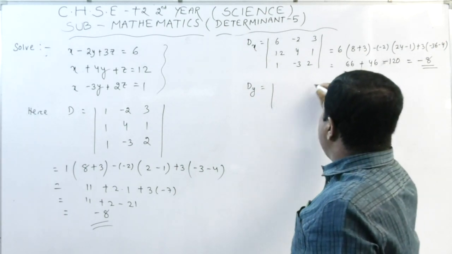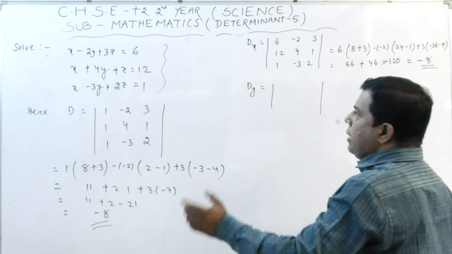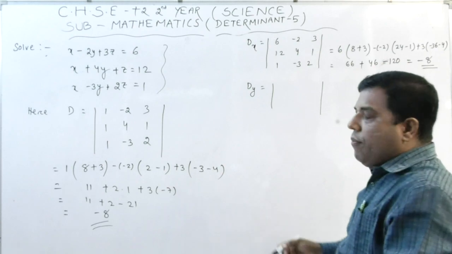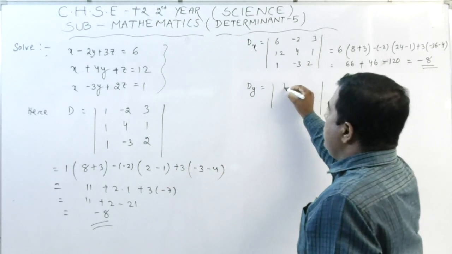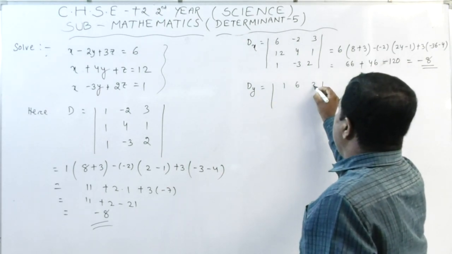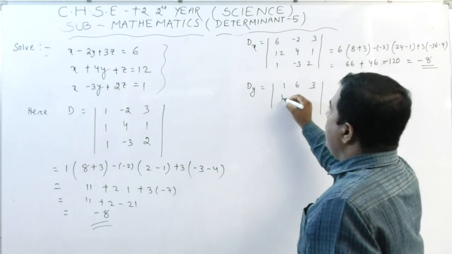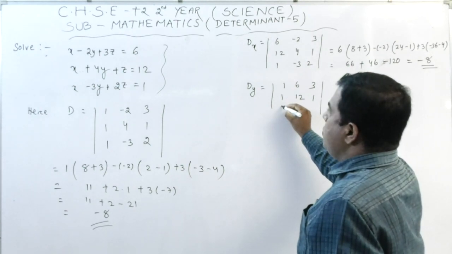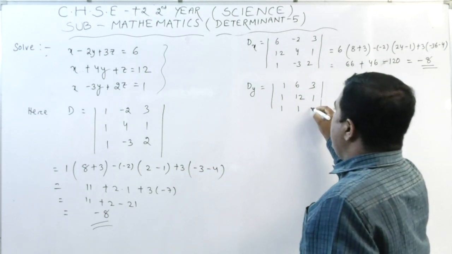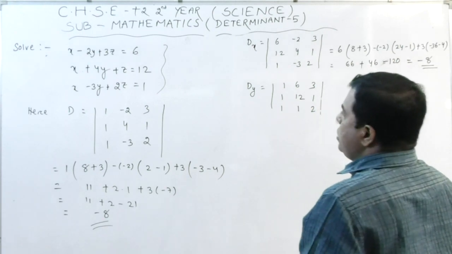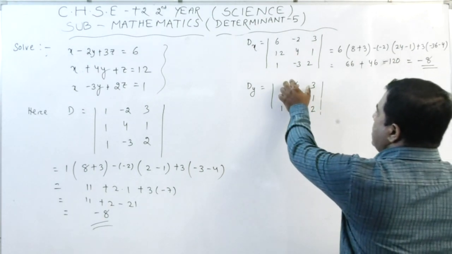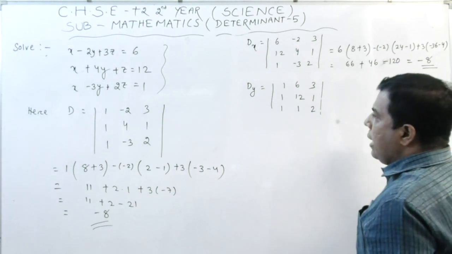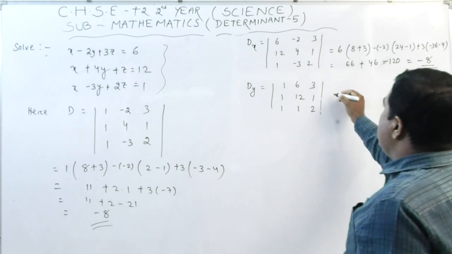And Dy is equal to, we have to replace the coefficient of y by the right side values, and our Dy becomes 1, 6, 3, 1, 12, 1, then 1, 1, 2. So you see the coefficient of y is replaced by the right side values, and it is in this form.